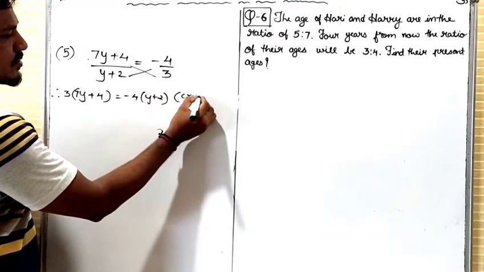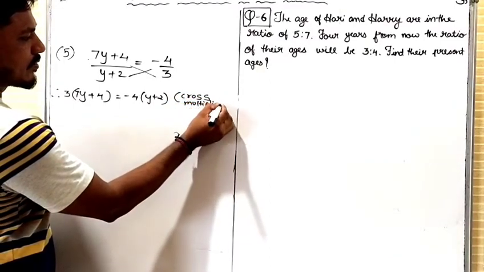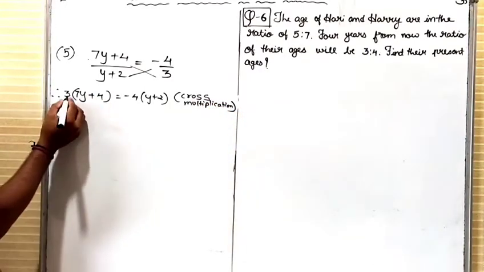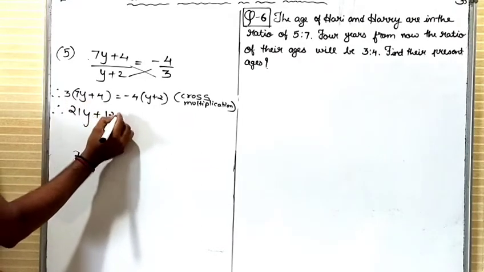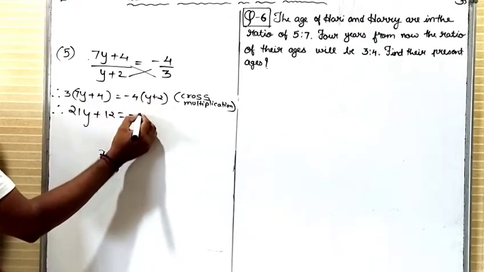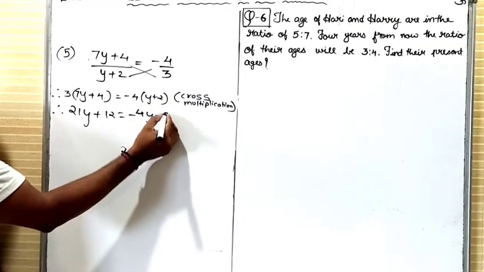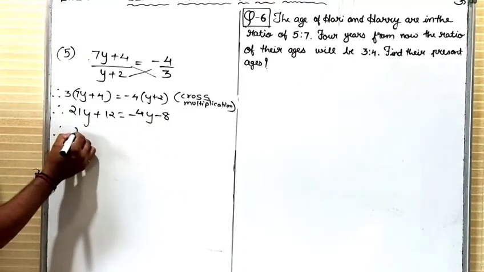Write down cross multiplication. Then resolve the bracket, multiply it. 3 7s are 21y, 4 3s are 12, minus 4 into 5y is minus 20y, minus into plus, 4 2s are 8, minus only minus 8.